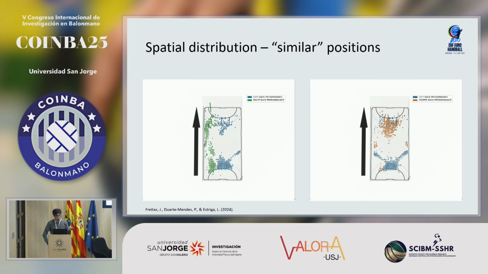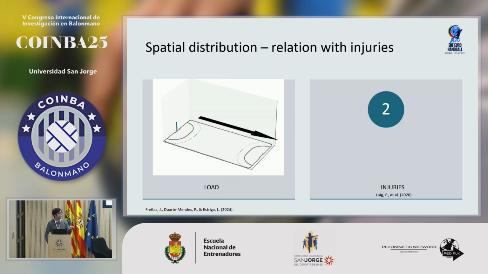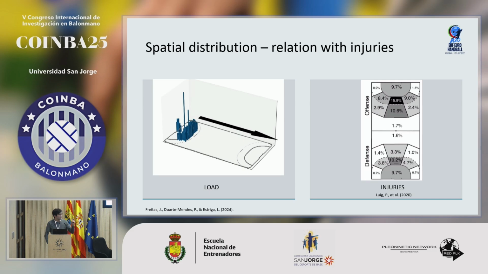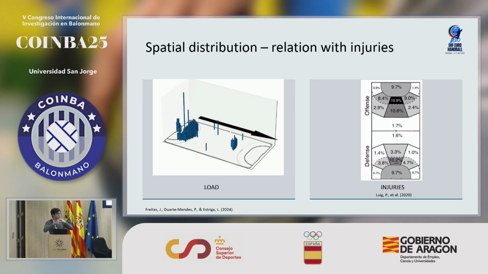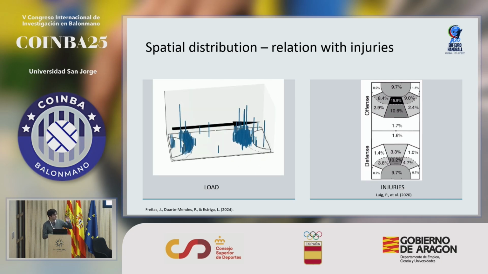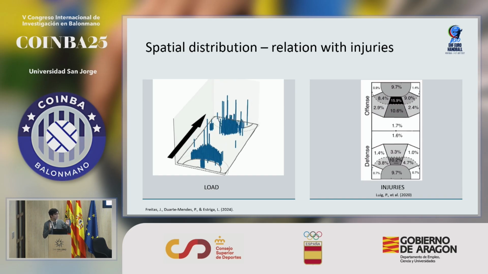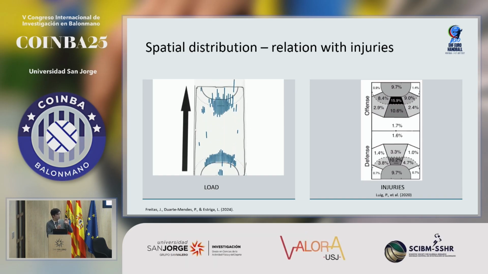Now, we wanted to see how this compares to match injuries. If we see here, this is all positions combined, and we selected only the top 10% areas of all positions. And we noticed that the main areas are in the central zone of the field, in the defense and in the offense.